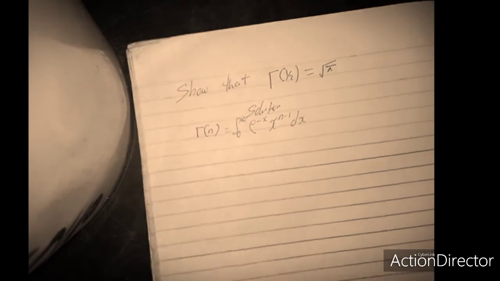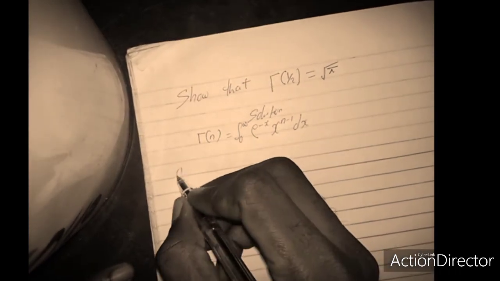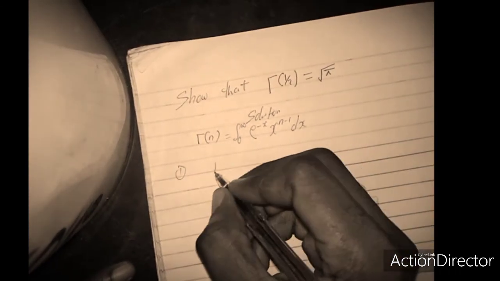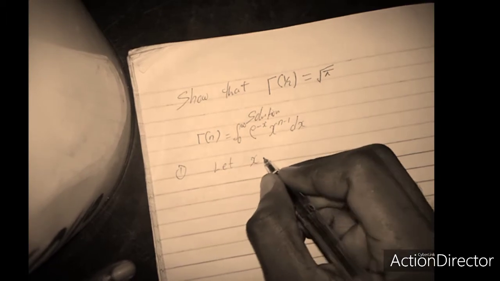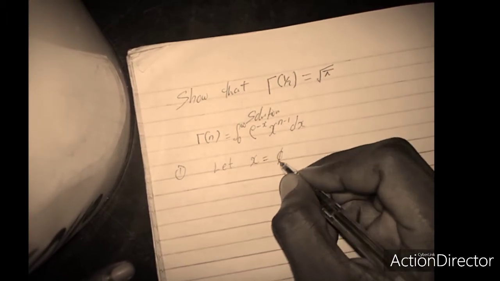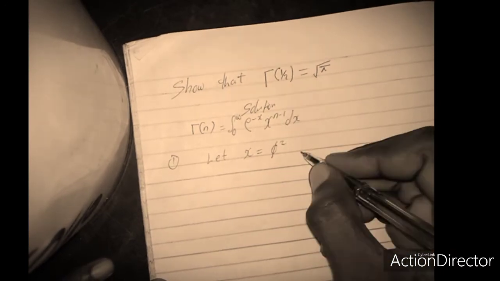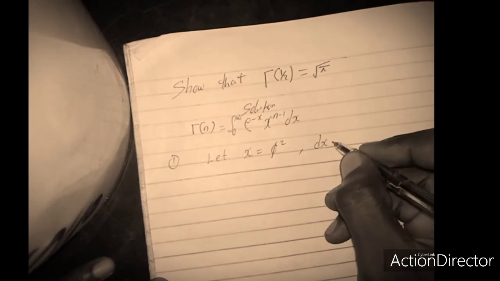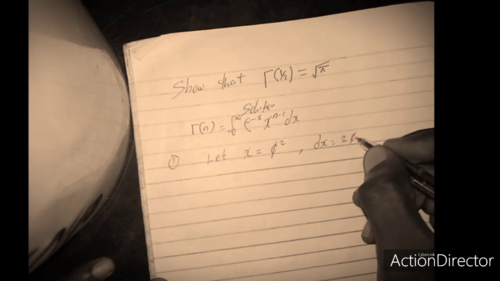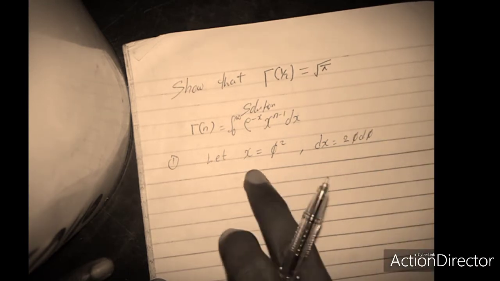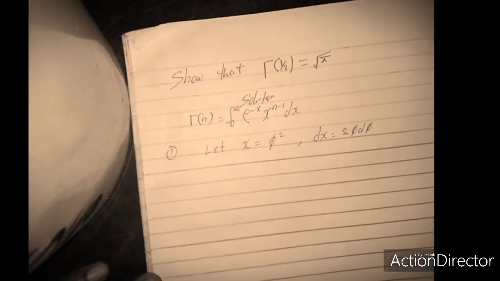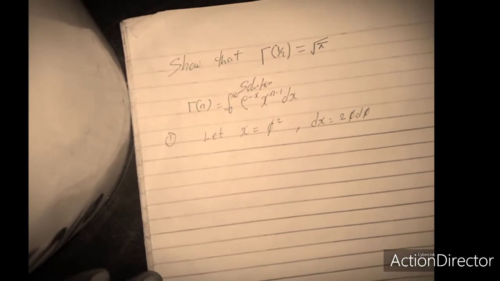So let's start. Step 1, we let x equal phi squared, so that we need to get dx from here. So dx will be equal to 2 phi d phi, that is differentiating x with respect to phi. Now we substitute.